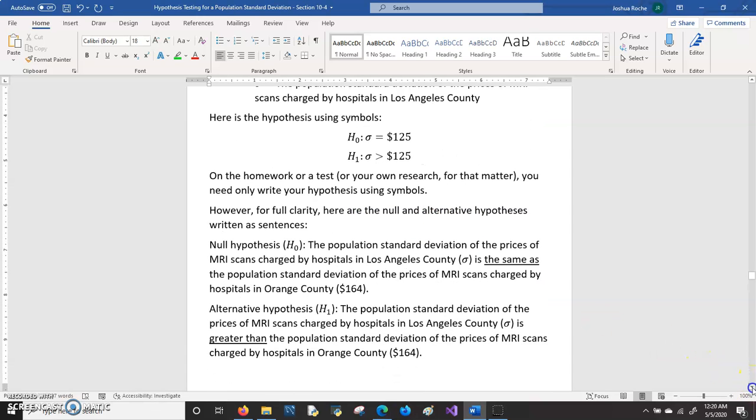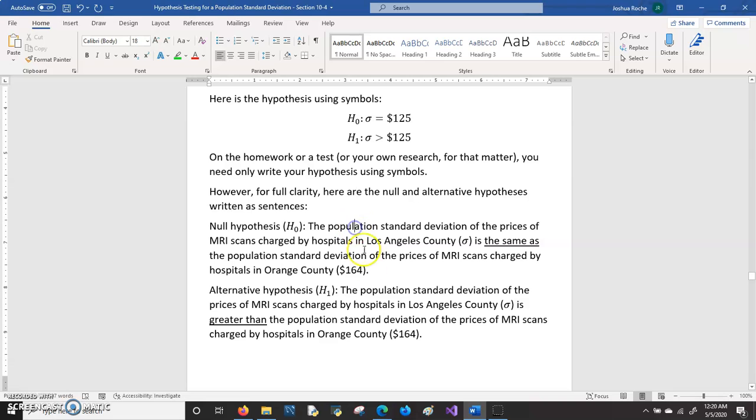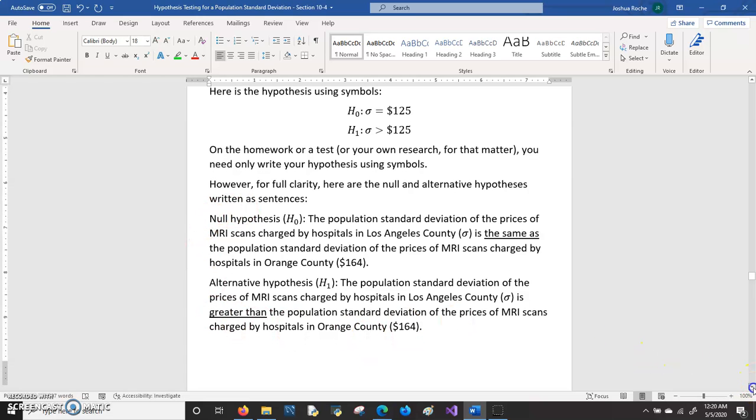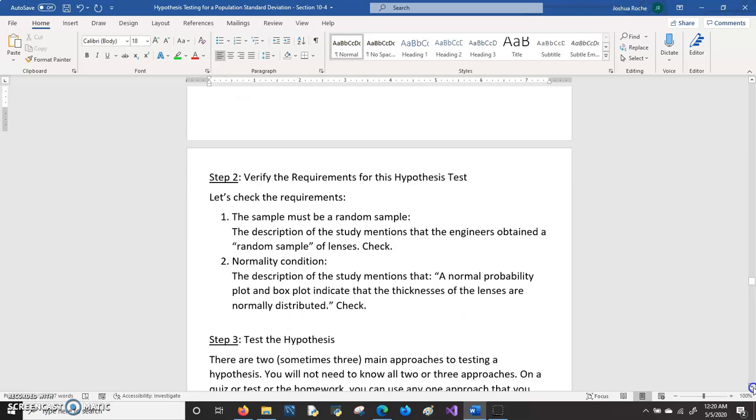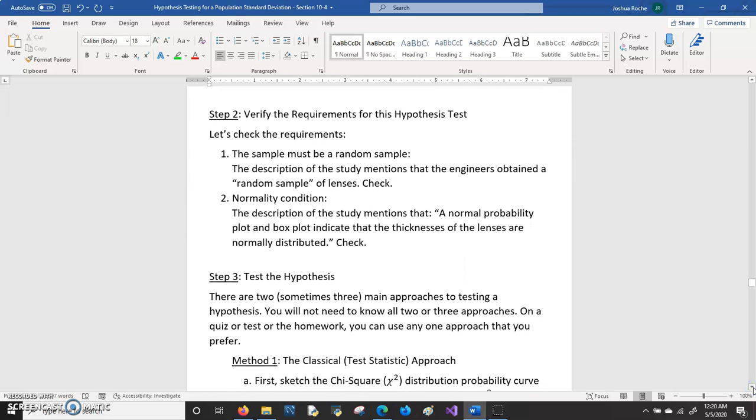And so again, I've written these hypotheses as full sentences just to give you clarity on what they mean, but you don't necessarily have to write full sentences when you're doing your own research or on a test or on the homework. Step 2 would be to verify the requirements. I won't go into this in detail.